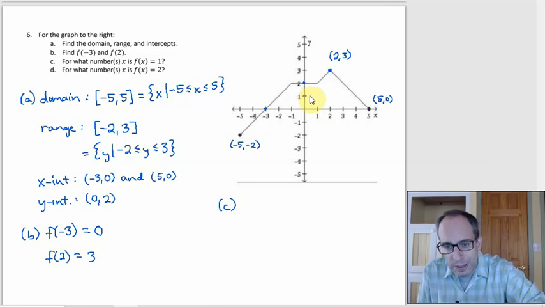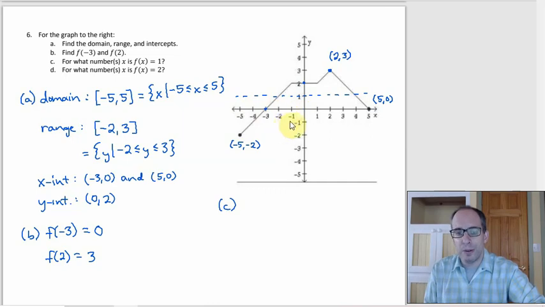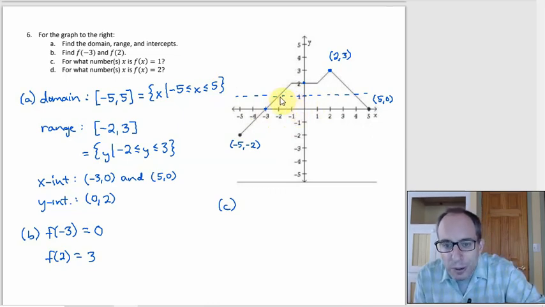I'm going to make a dotted line just to show where that is. Right, so that's f of x equals 1 right there. And then where along the function do you get f of x equal to 1? Well, you'd get it right here, and you'd get it right there.